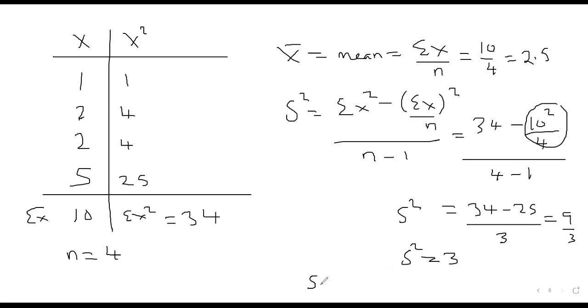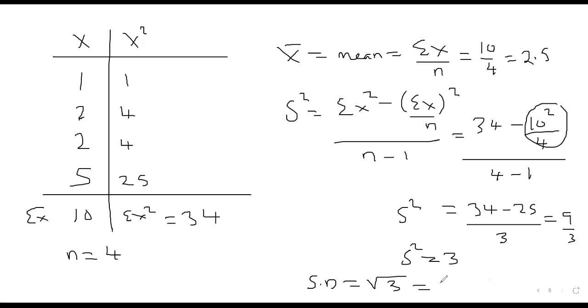So to find the standard deviation, we simply square root our variance. So square root of 3 is actually, what's the square root of 3? Is it 9?